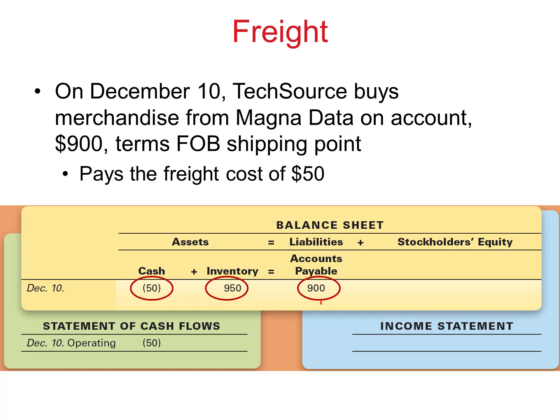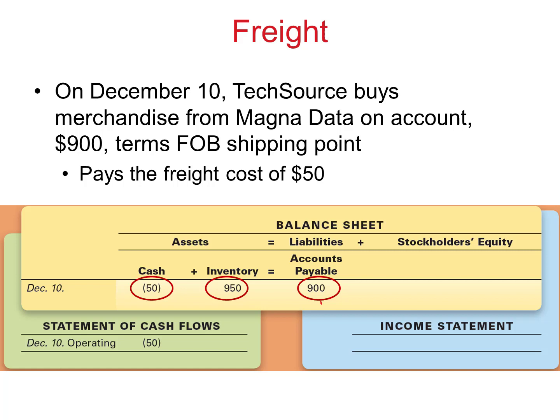So the transaction here is that the $50 is paid in cash directly to the shipper. Generally speaking, what will happen is on delivery, the receiving organization will have a check waiting for the shipping company. But you also notice that the accounts payable is $900. It's $900 because this is the merchandise that was purchased from the seller.